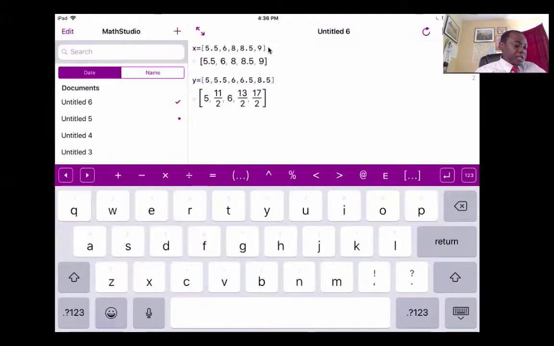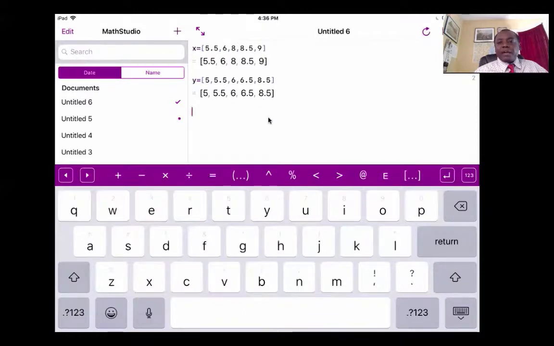Again, you hit return, and if you don't like the fractions, hit return again. Now, you do not sort the list. Don't put them in order because you mess things up. 5.5 goes with 5, 6 goes with 5.5, 8 goes with 6, 8.5 goes with 6.5, and 9 goes with 8.5.